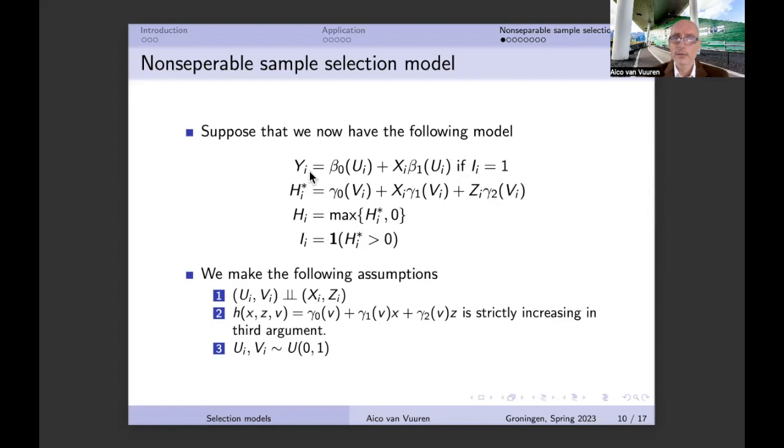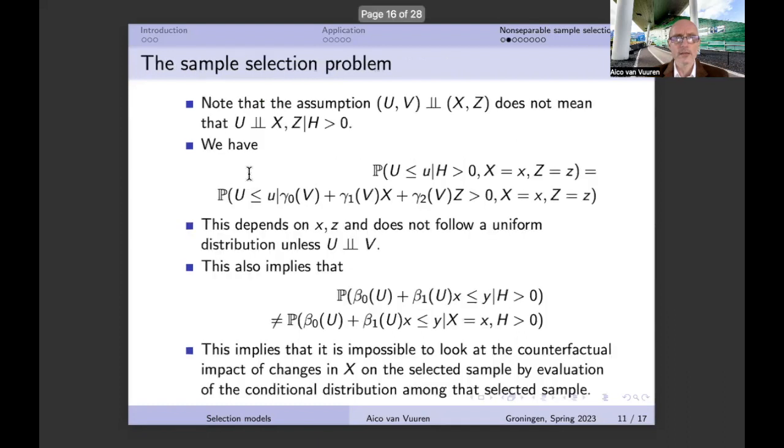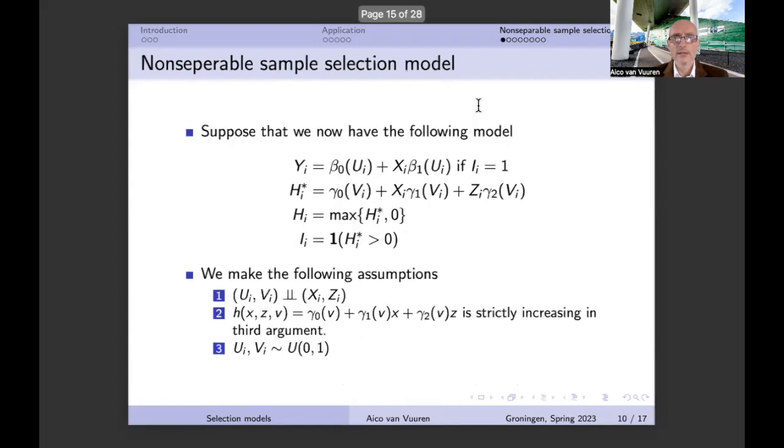But like what we have seen in the linear regression model, this is not going to work well. The reason is that even though we have assumed that u and v are independent from x and z, that is an assumption that we have made on the total population, so for all the observations that we have, not only for those observations for which y is observed.